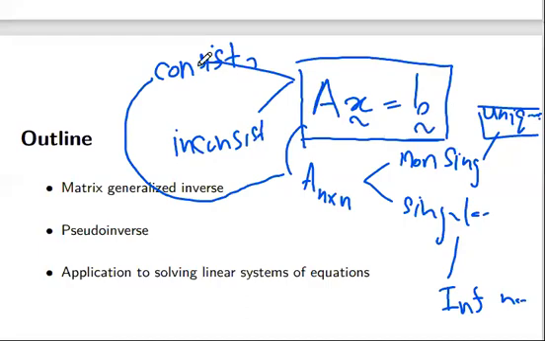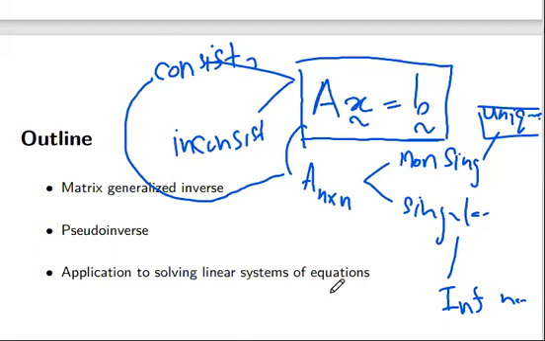So what if this matrix is singular and the system is consistent? We know there are infinitely many solutions.